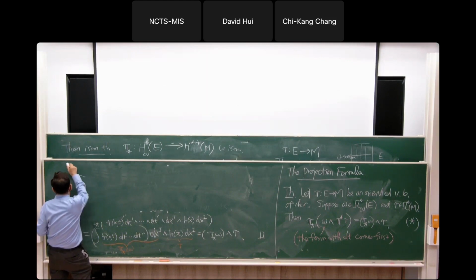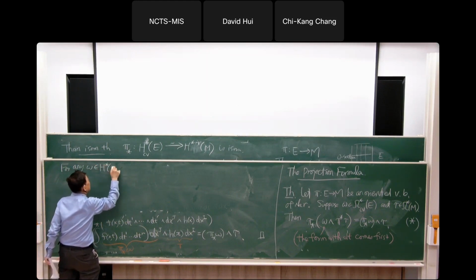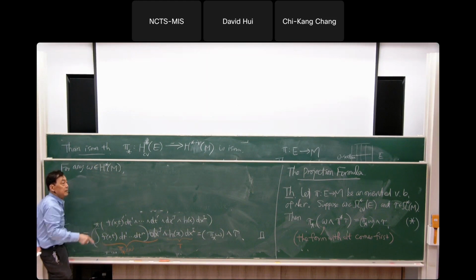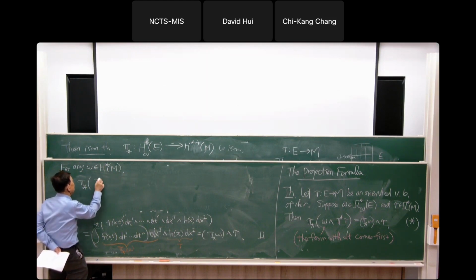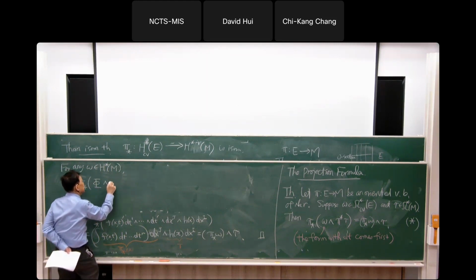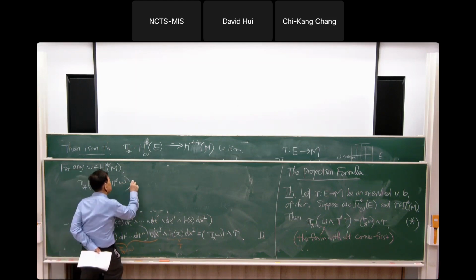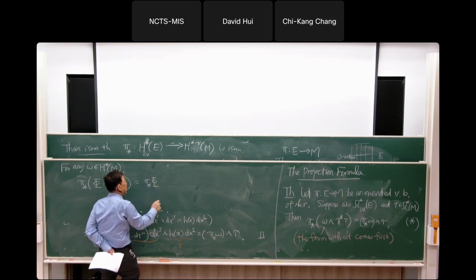For any omega on the base, I want the formula for the Thom isomorphism of this omega. So look at this. π lower star of φ, the pullback of omega by the projection formula is π lower star of φ.